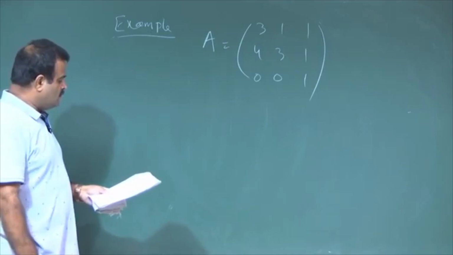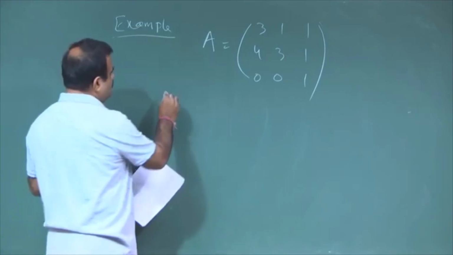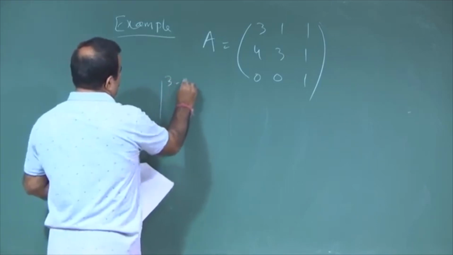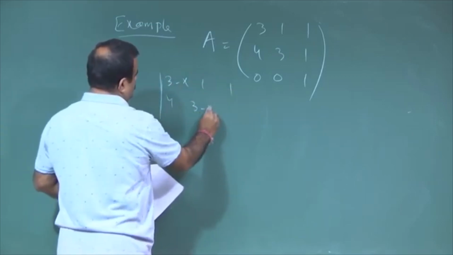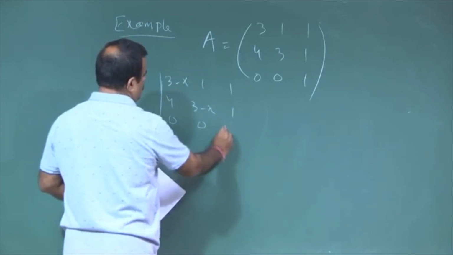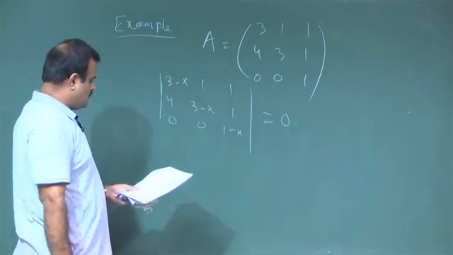So, for that we have to first find the eigenvalues of this. To find the eigenvalues we need to take the characteristic equation: determinant of the matrix with 1 1 4, 3 minus x, 1, 0 0 1 minus x equal to 0.